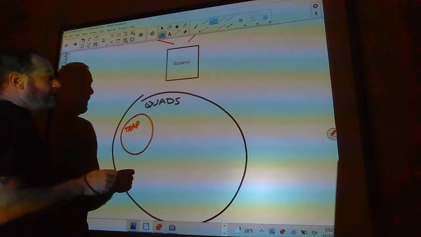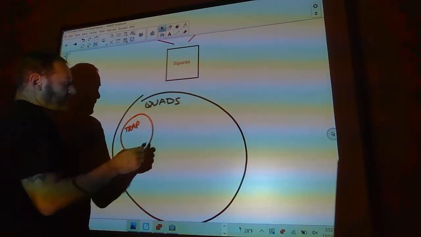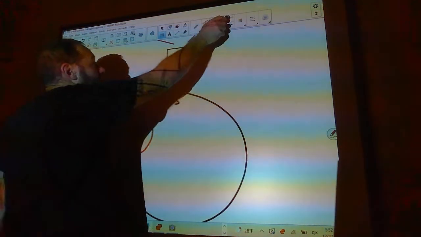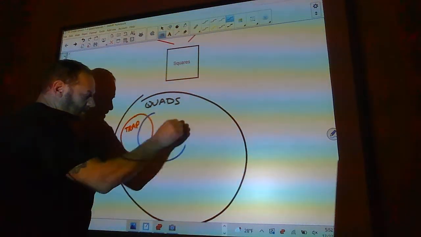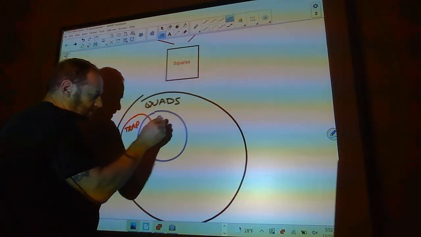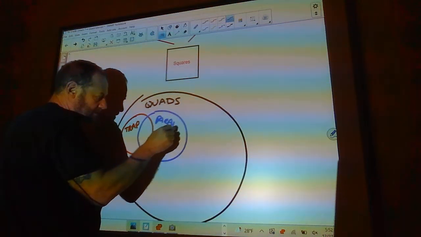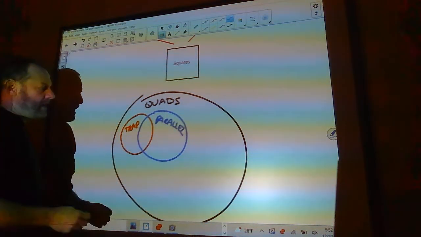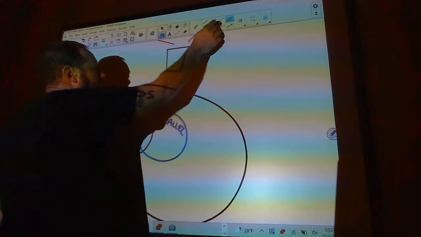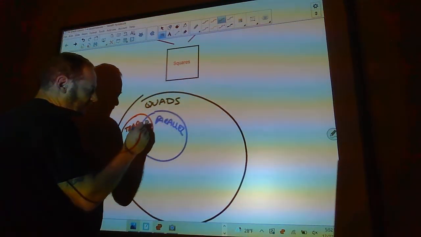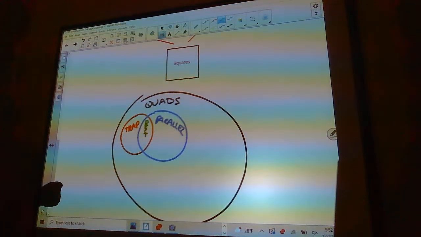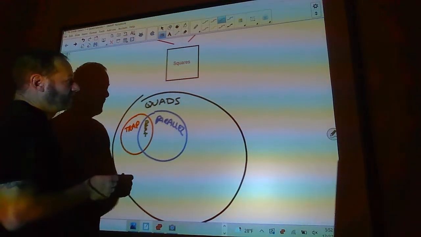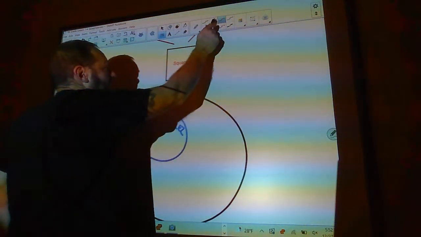And then you had, and this should actually be bigger, and then you've got parallelograms. So here's parallelograms. And then these things in here would be rectangles. And then you've got kites.